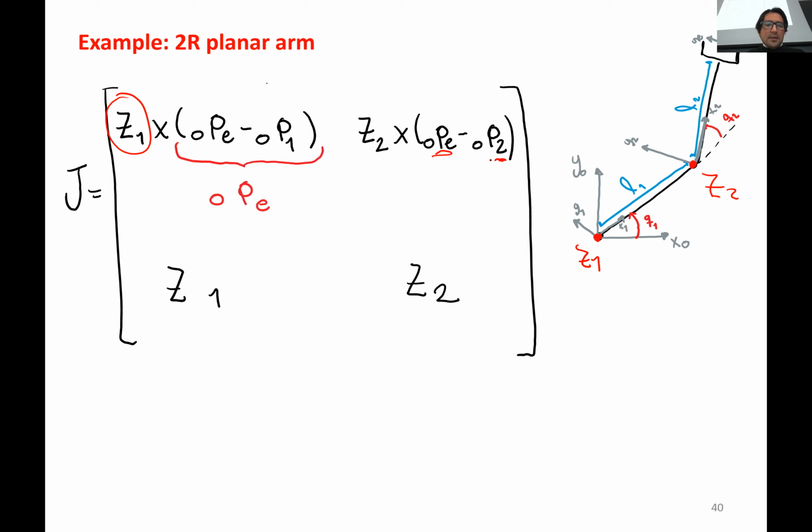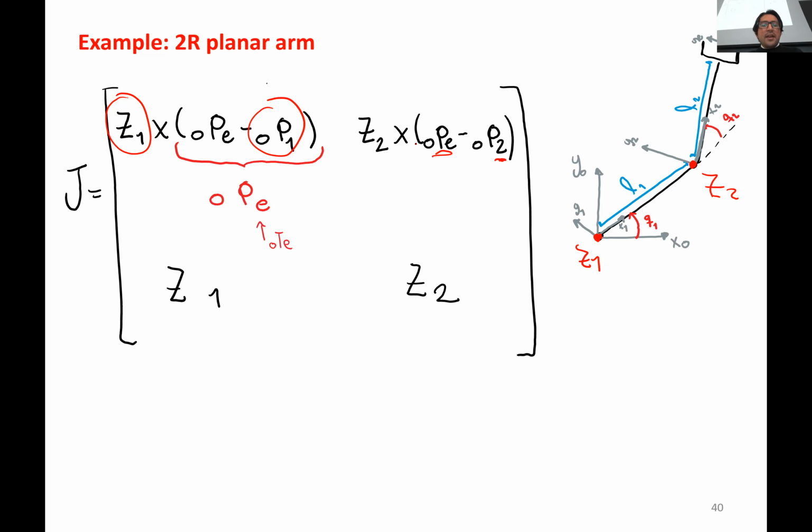Now this is actually 0 PE. Oh, this is a mistake actually, because this is actually the position vector from 0 to 1. They are on top of each other, so there's no difference between them. So this actually is 0.